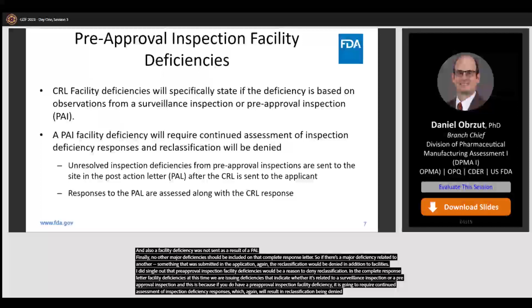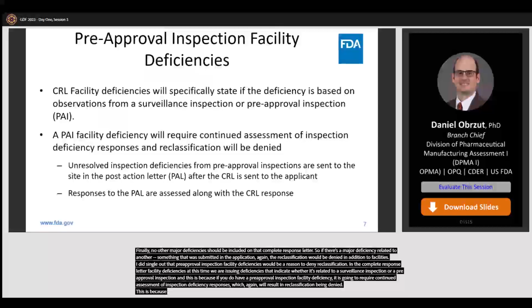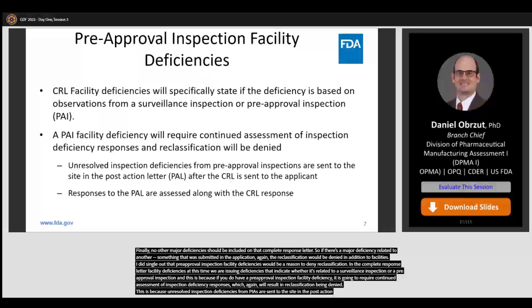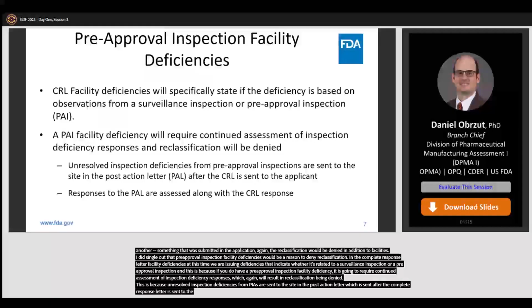This is because unresolved inspection deficiencies from PAIs are sent to the site in the post-action letter, which is sent after the complete response letter is sent to the applicant. Responses to the PAL are only assessed along with the complete response letter response.